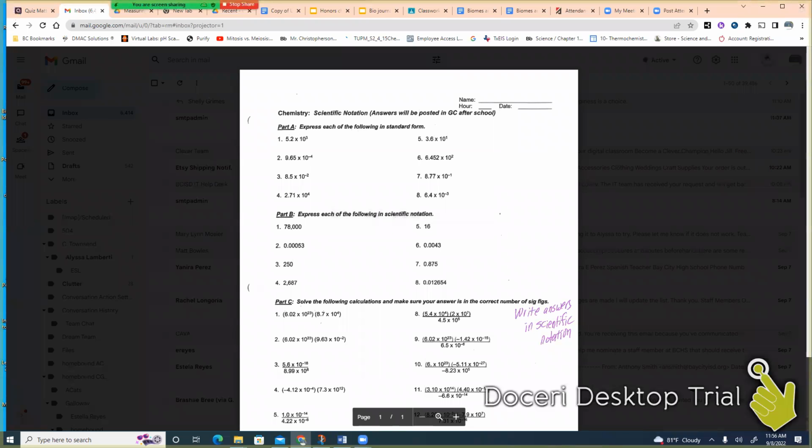For instance, on number 1, how many sig figs do I have for my 6.02? 3, and my 8.7? 2. So when I do my answer in my calculator, it should only have 2 sig figs. Make sure you make those adjustments too. All right, y'all got a couple of minutes. Why don't you try a couple at the top, because we haven't done them that way. We've just been doing actually writing. See if you have any questions before we head to lunch, everybody.